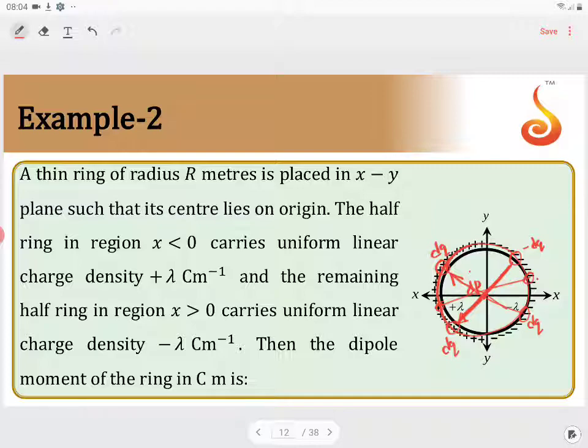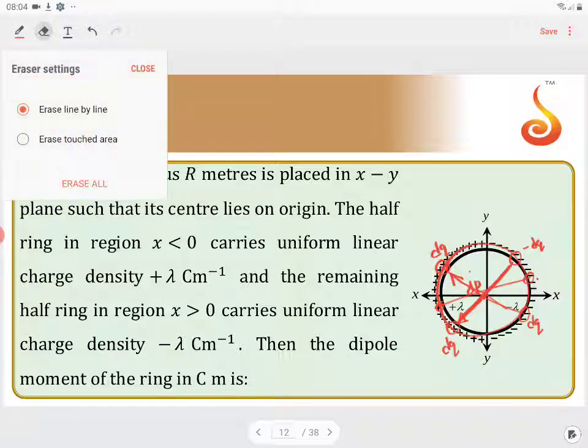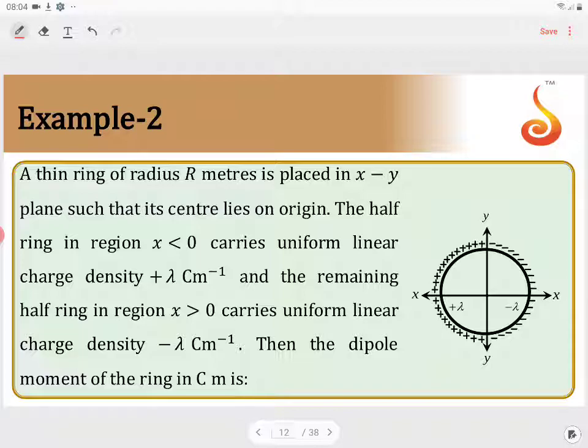When you take the vector sum here, the vertical components of all individual dipole moments will cancel due to symmetry. Suppose you have one dipole moment formed between these two elements, say at angle theta. You can resolve this into two components, p cos theta and p sin theta.